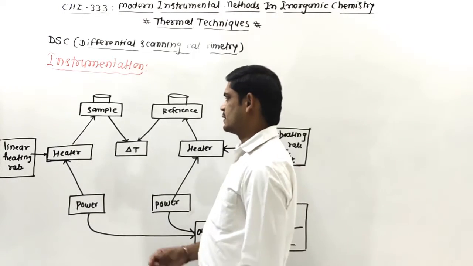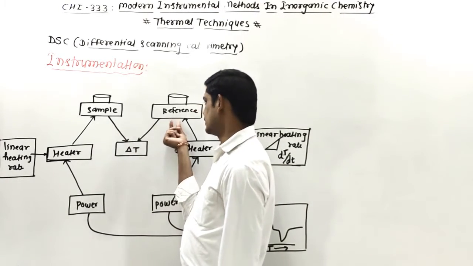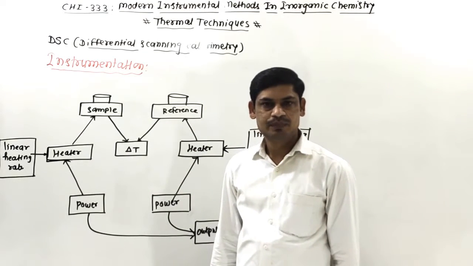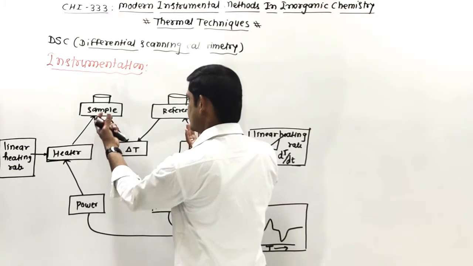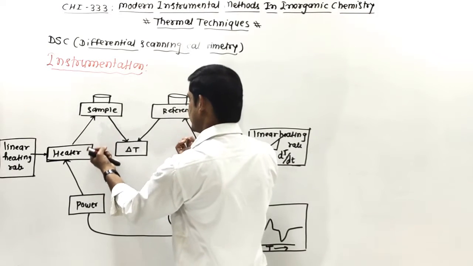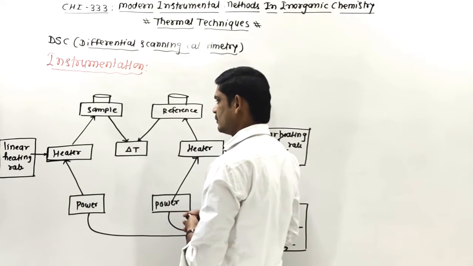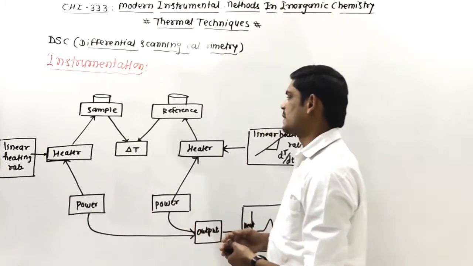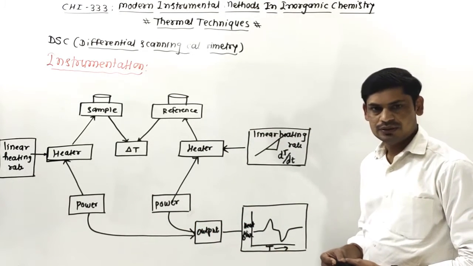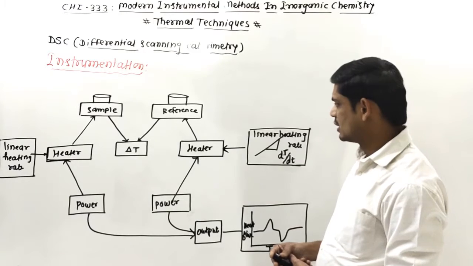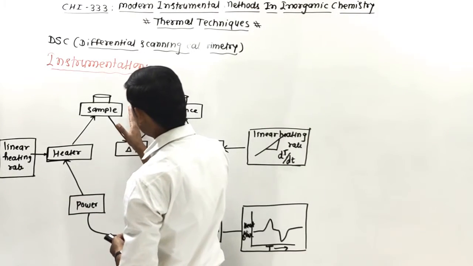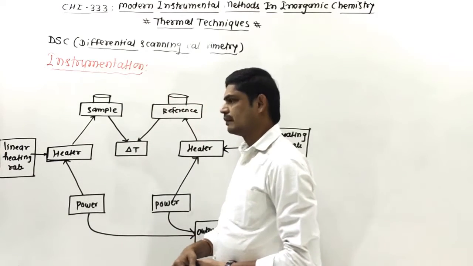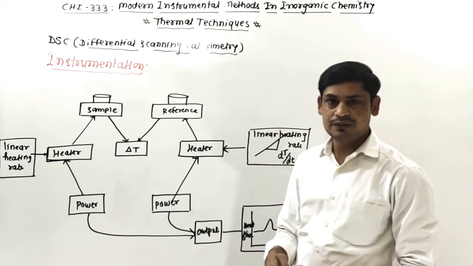As per the discussion, this is your sample pan, this is your reference pan. We are going to provide a heat to the sample or a reference one. Generally the reference pan is kept empty as an aluminium foil, and in the sample pan the analyte is kept, that is the material which is to be analyzed.